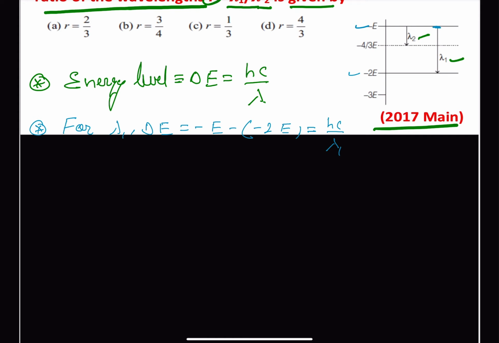So from here we can say that our lambda 1 will be equal to hc upon E.